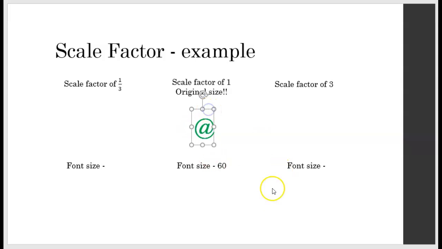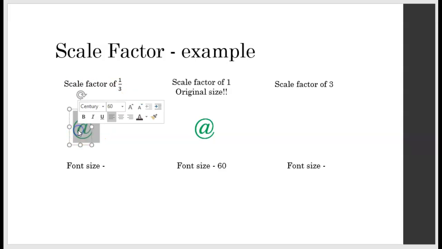I've got a couple of copies of this thing already here on the screen, so I'm just going to move this one over. The first thing I want to do is create a scale factor of 1/3. So I want this one to become 1/3 as big as the original. Here's why I told you the font size.